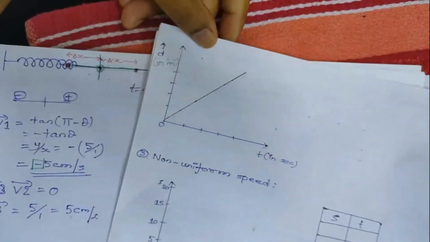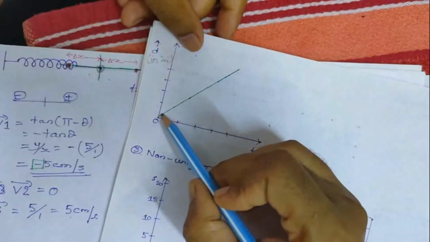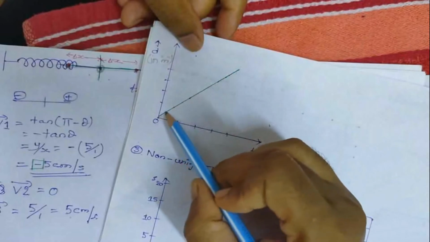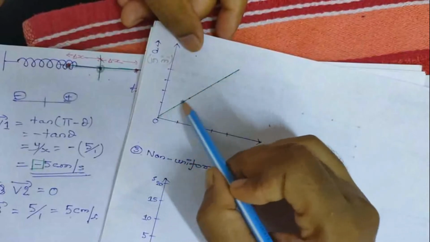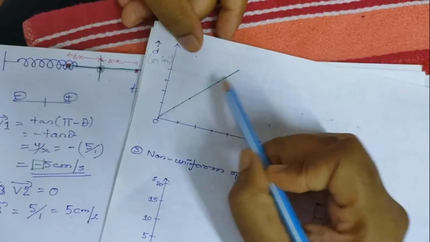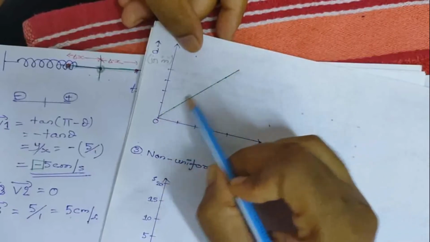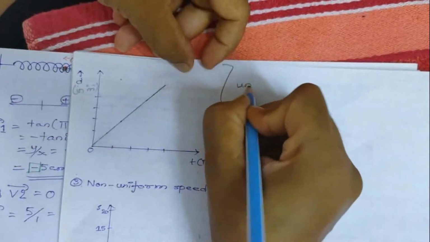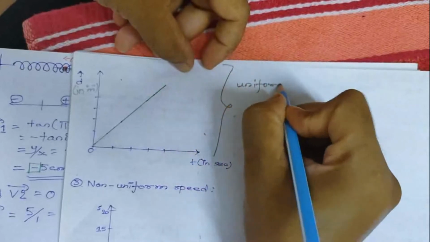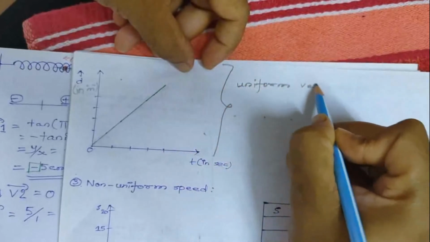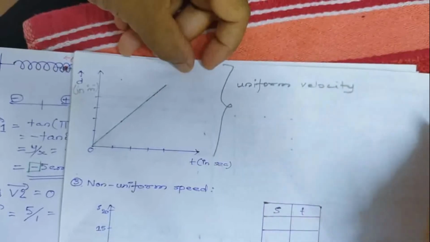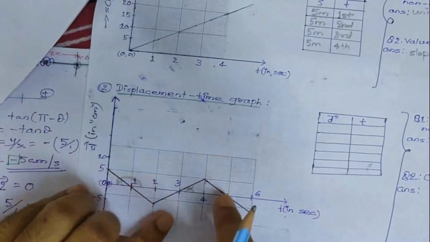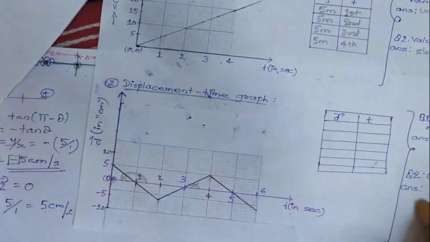And other way of saying this is that the nature of the curve, this curve is linear. So linear curve means if the curve is linear, that means the velocity is what? The velocity is uniform. So what it denotes? It denotes uniform velocity. And what it denotes here? Non-uniform velocity. Right?